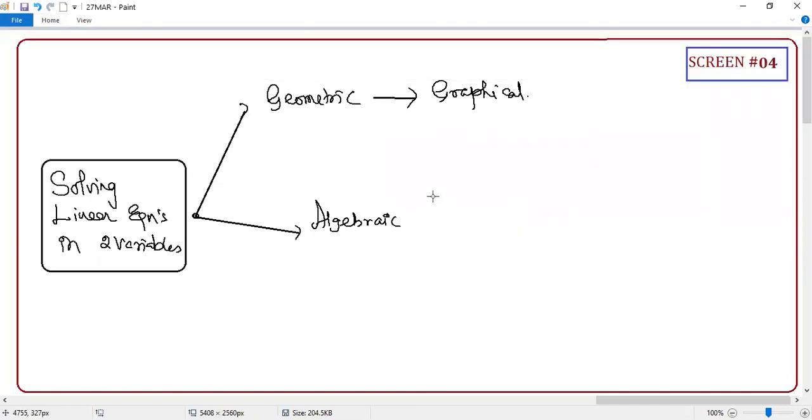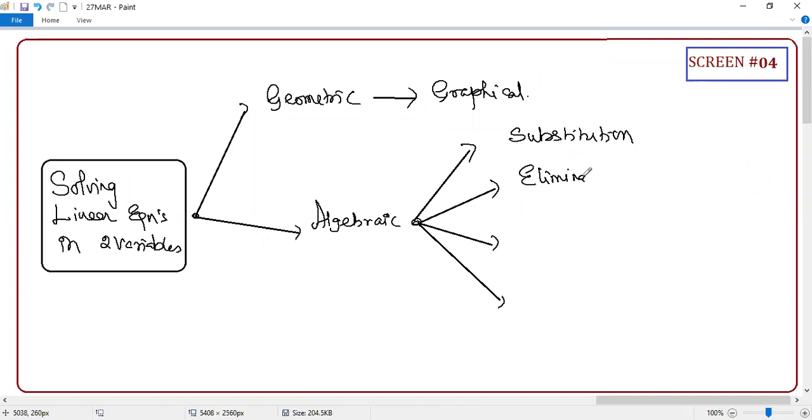Under the algebraic approach, the first method is the substitution method. Second is the elimination method. Third is the cross multiplication method. And the fourth method is Cramer's rule.